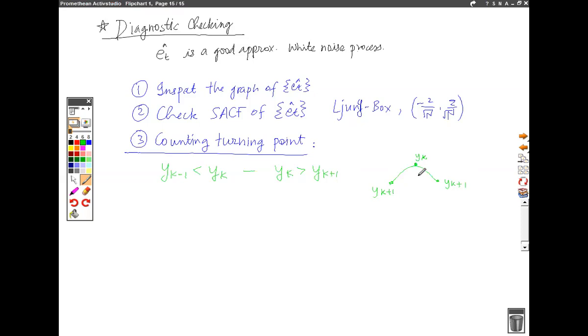And again, it could be like this, or it could also be like this. So you can also write it as the fact that y k minus 1 is greater than y k, and now your y k is less than y k plus 1.